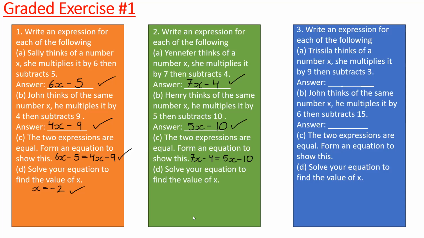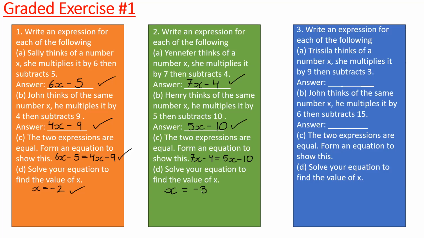Okay, Kevin, explain how you got x equal to -3. So I put my full equation: 7x minus 5x equals -10 plus 4.